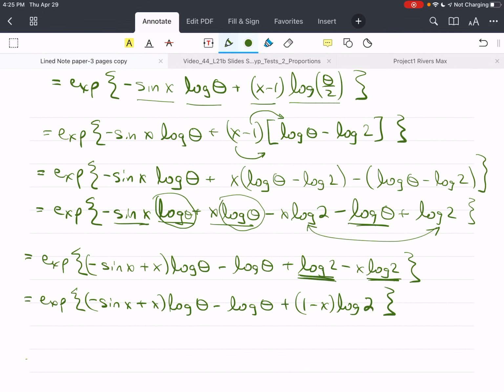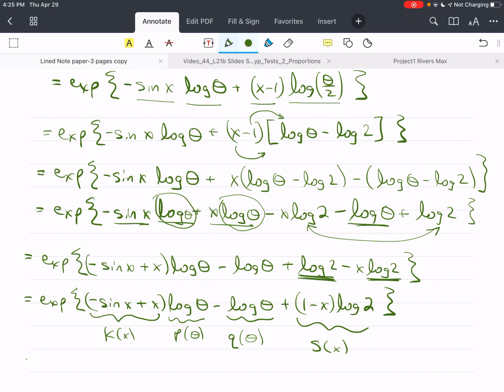Okay. Now log 2 here is a constant, so now I really do have just a function of x, s of x. And that's clear that it is. And then this log of theta is my q of theta. And now this is my k of x, and this is my p of theta.